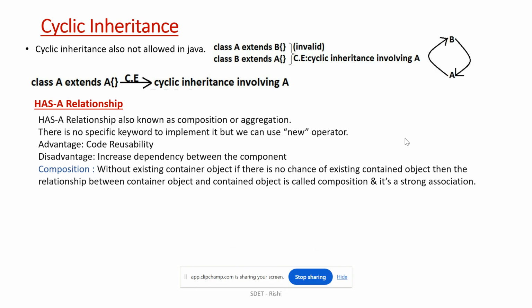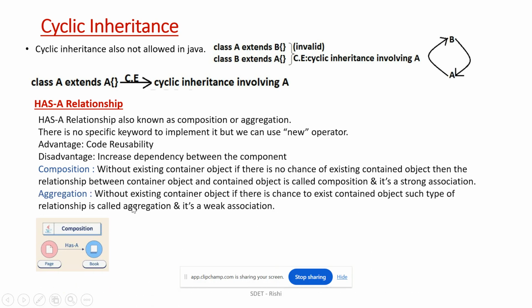Without the container object, if there is no chance of the contained object existing, that relationship is composition, and it's a strong association, as we have seen with the tire and cycle. Here, a book has pages. If pages are not available, then there is no existence of the book. If we remove every page, there is no existence of the book. So it's a composition and a strong association.